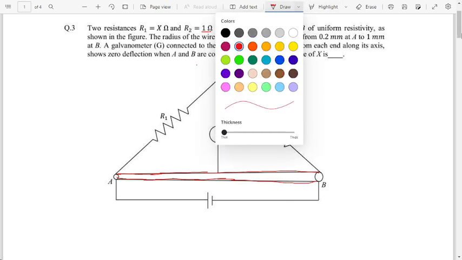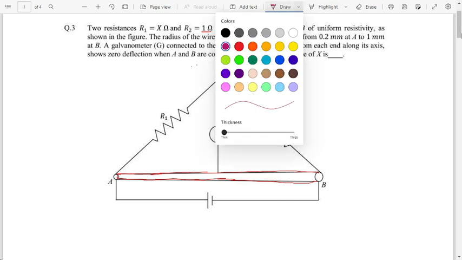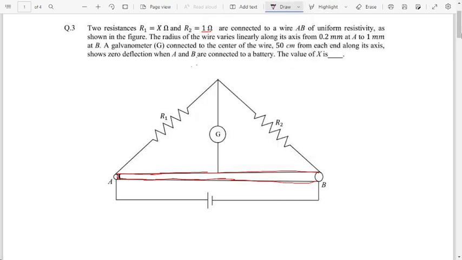Basically, in this question, the radius is varying from 0.2 mm at A, the cross-sectional radius I'm talking about, to 1 mm at the end B. So if you write the radius as a function of x, where x is the distance from the end A, the radius can be written as the initial radius 0.2 mm plus the change in the radius when we travel the distance L. L is 1 meter, given in the question because the center is 0.5 meters.